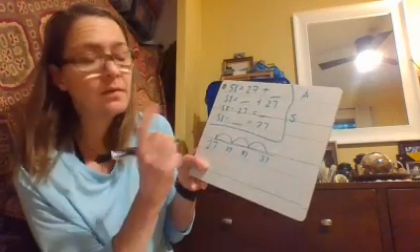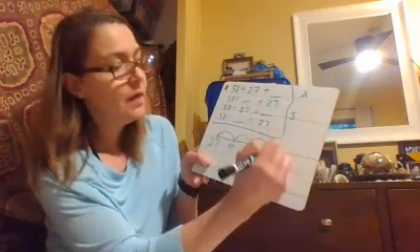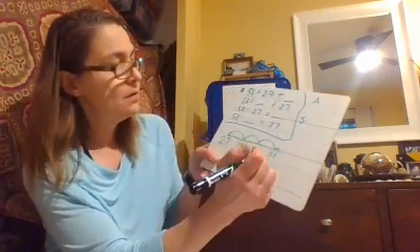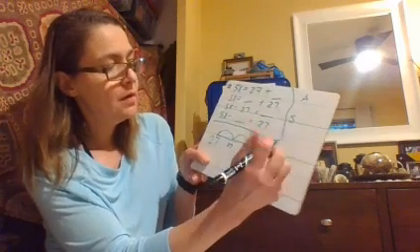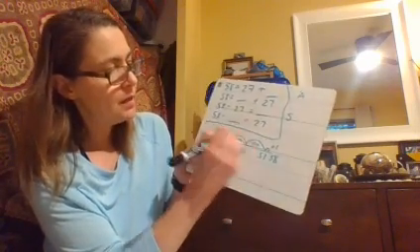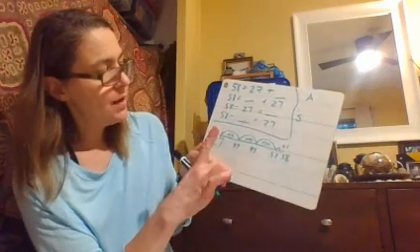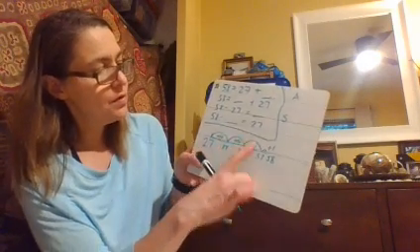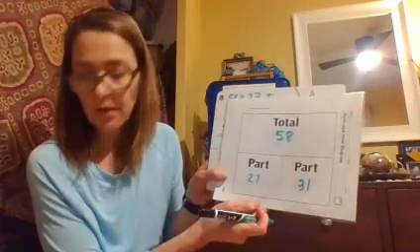One more, 10, 20, 30. And then 1, 1 to 58. So then we would have to add all of those up to get our answer. So we have 10, 20, 30, 1. 31 would be the other part.